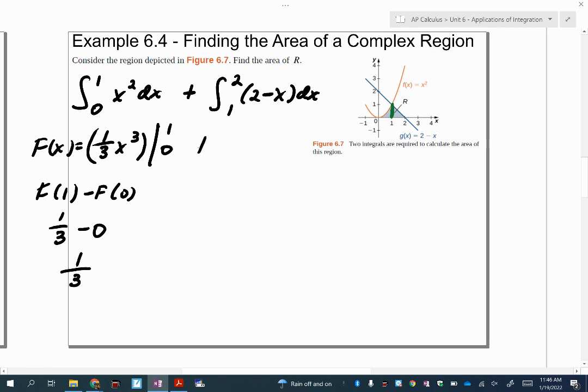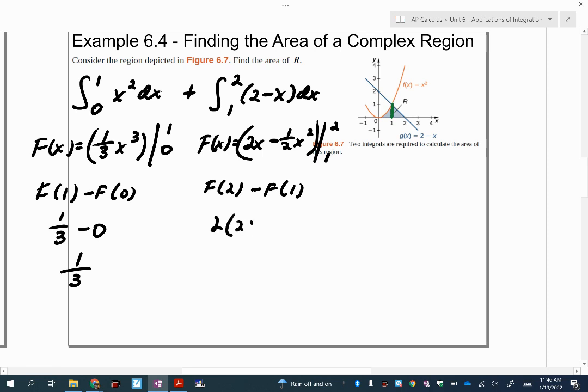This antiderivative is going to be 2x minus 1/2 x squared. And that's going to be evaluated at 2 and 1. So we're going to do f of 2 minus f of 1.